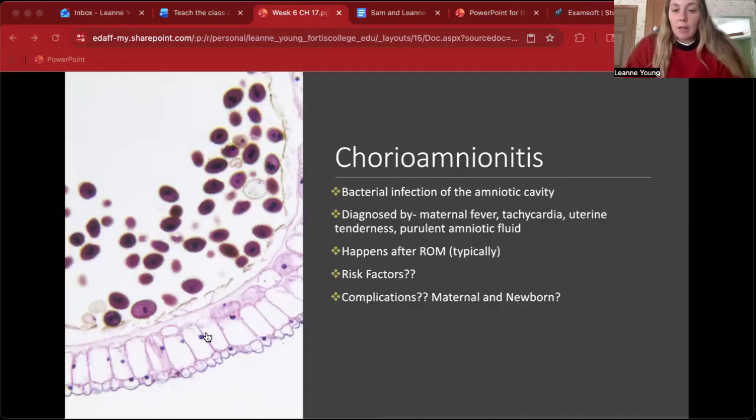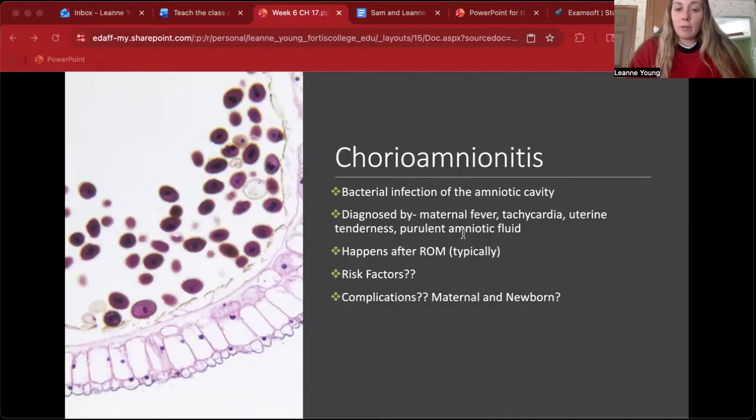If she's had lots of vaginal examinations, that is a risk factor because that is introducing that bacteria up into that vaginal canal, which can go and lead up to that amniotic cavity. If she has had internal fetal heart rate monitors, so those fetal scalp electrodes or that intrauterine pressure catheter, she's going to be at an increased risk for chorioamnionitis.